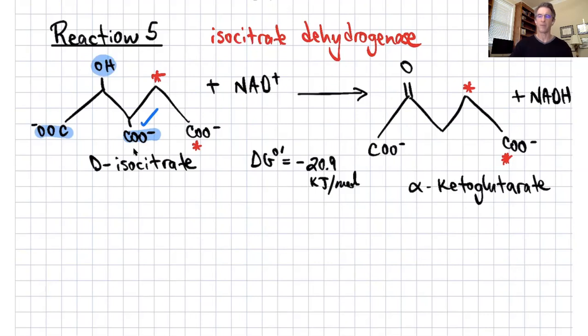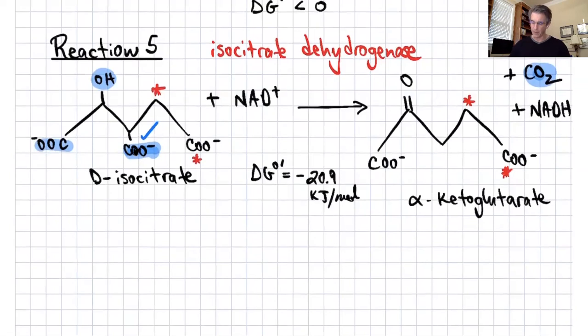We're going to drive that CO2 group off here. It's a great leaving group. Essentially, it's an irreversible reaction. By coupling that elimination of CO2 to the reduction of NAD+ to NADH, we have a super favorable reaction.